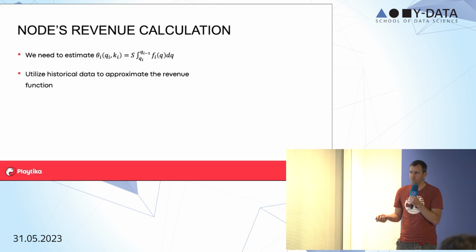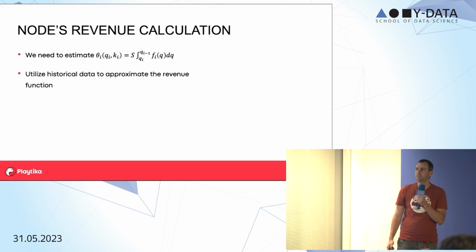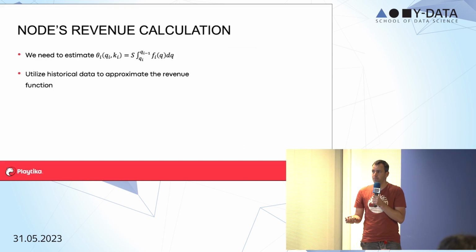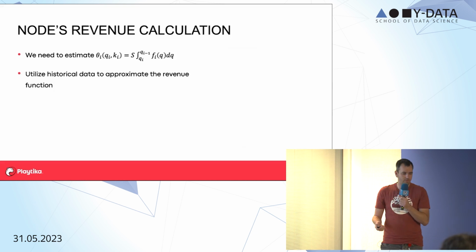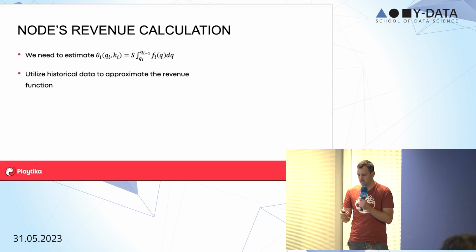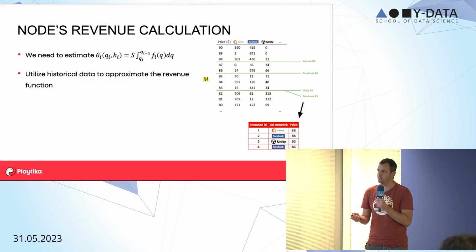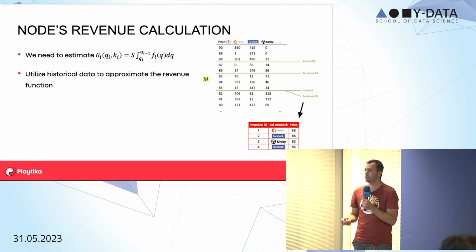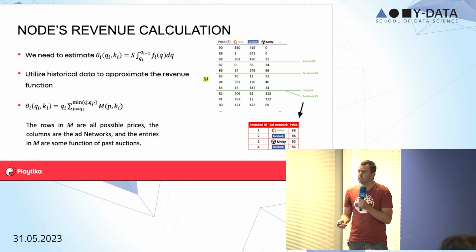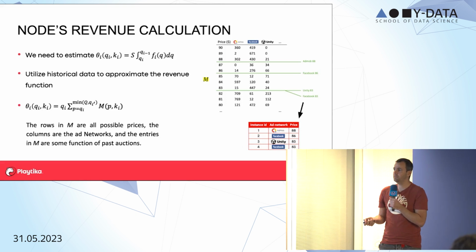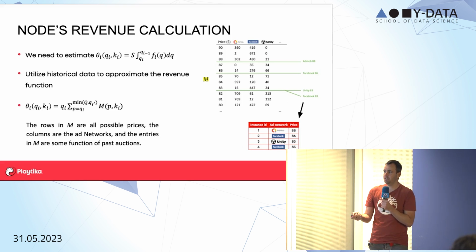It's very hard to calculate this integral, and we want to utilize the historical data. So we'll actually use a summation instead of the integral, which is an approximation. For that we use the matrix M.